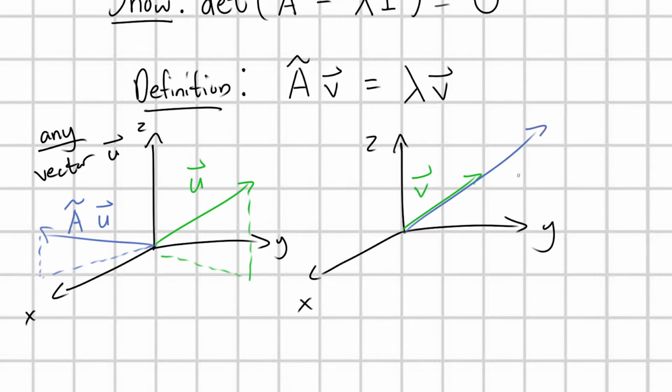It simply gets scaled up. It hasn't been rotated, and of course there is some scalar factor with which V has been scaled up, which is lambda. So lambda is this scalar factor, which is the eigenvalue.